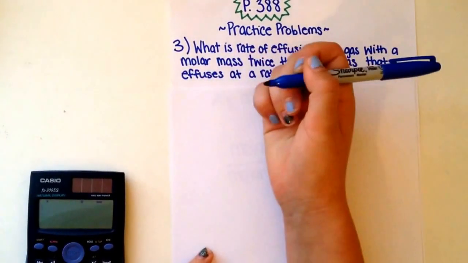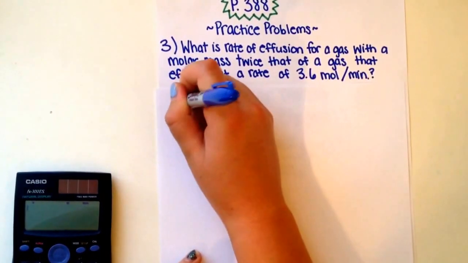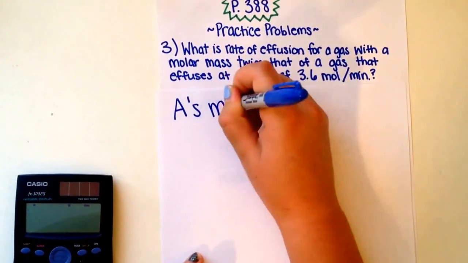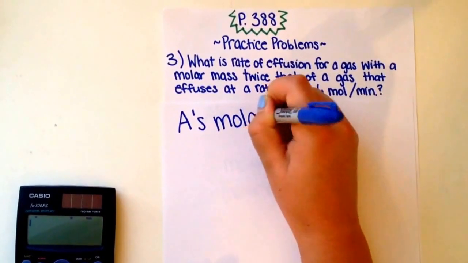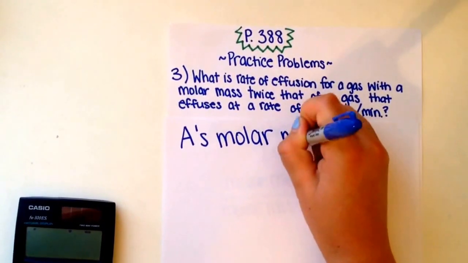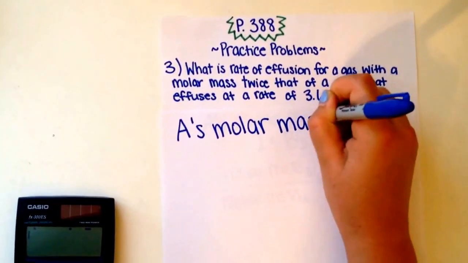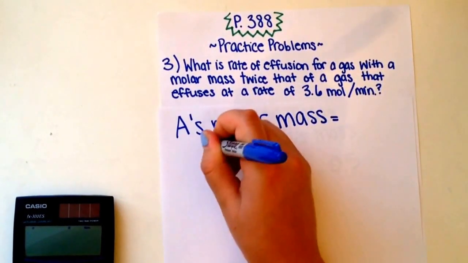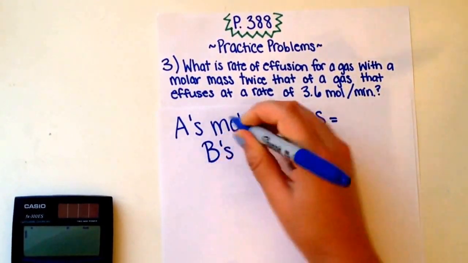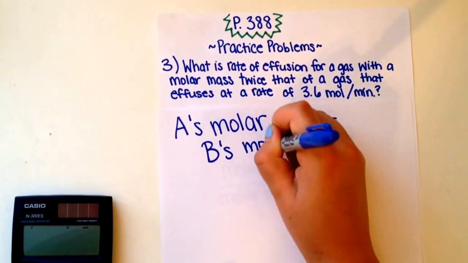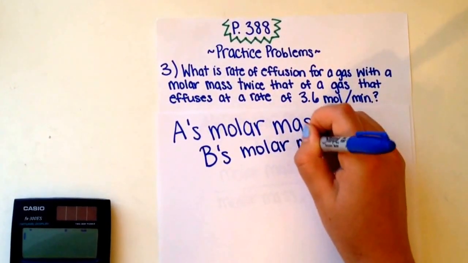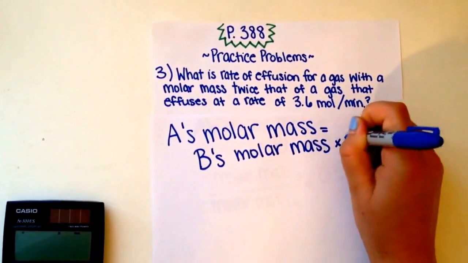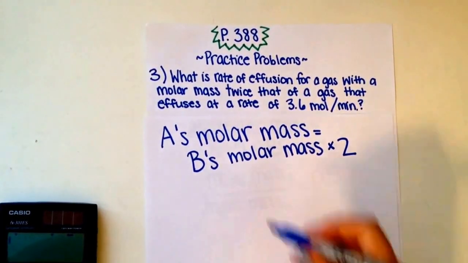So using this information, we can assume that A's molar mass equals B's molar mass times 2.